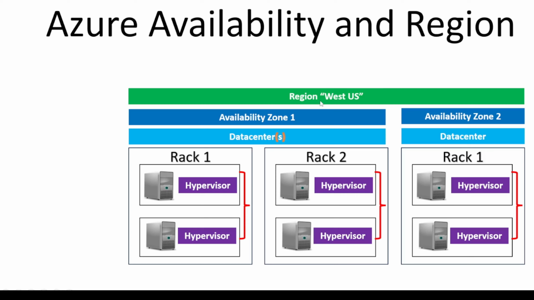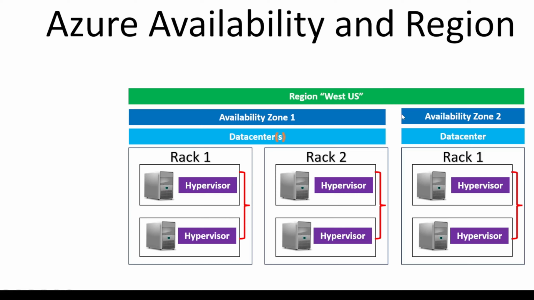Here the region is West US. That means it is hosted in California. Inside the California state, let us assume that I have two different cities called San Francisco and Los Angeles. Your data center in San Francisco is called zone 1. Your data center in Los Angeles is called zone 2.